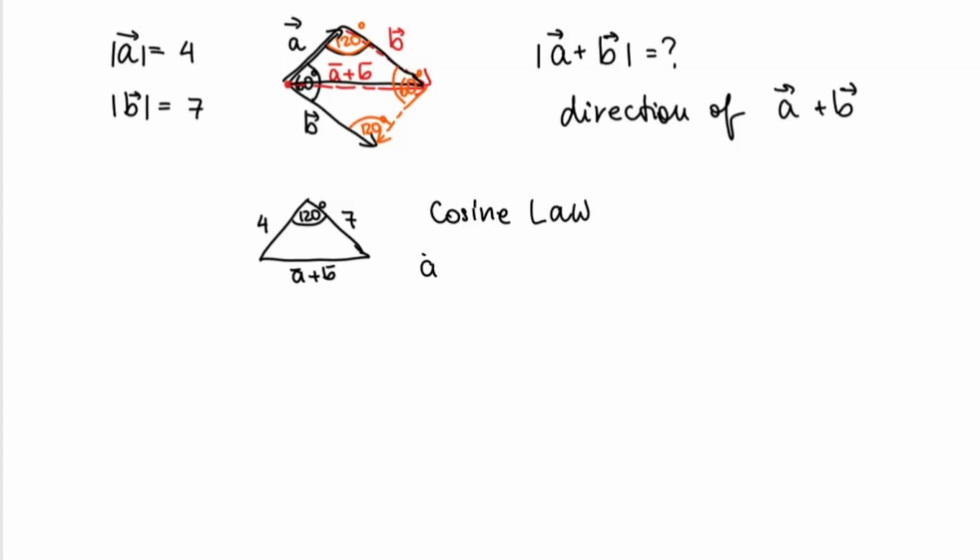So A plus B, and since we are determining the magnitude, we're going to square this and put it into absolute value brackets, since magnitude is always positive, is equal to magnitude of 4 squared plus magnitude of 7 squared minus 2 times 4 times 7 times cosine of 120 degrees.